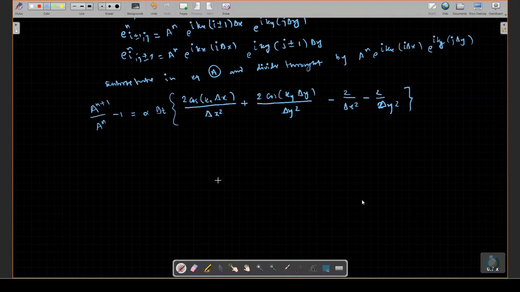This you are going to get. And I would like to do the simplification. This simplification goes like this. We just wanted to make it into some nice equations. That is only our idea.